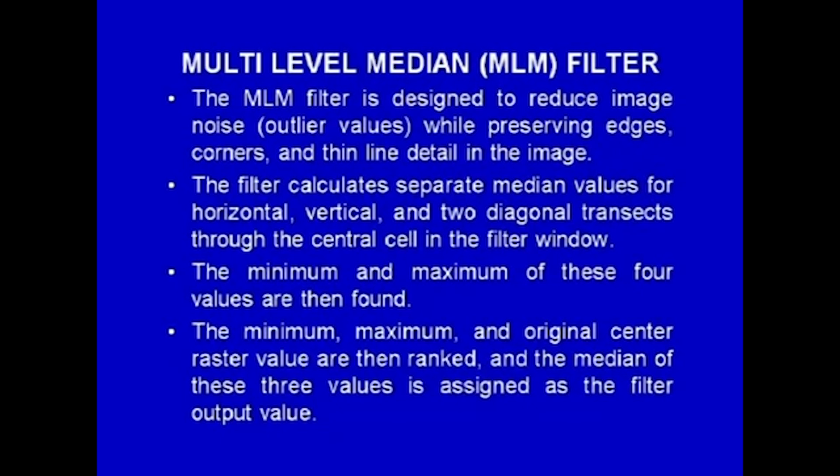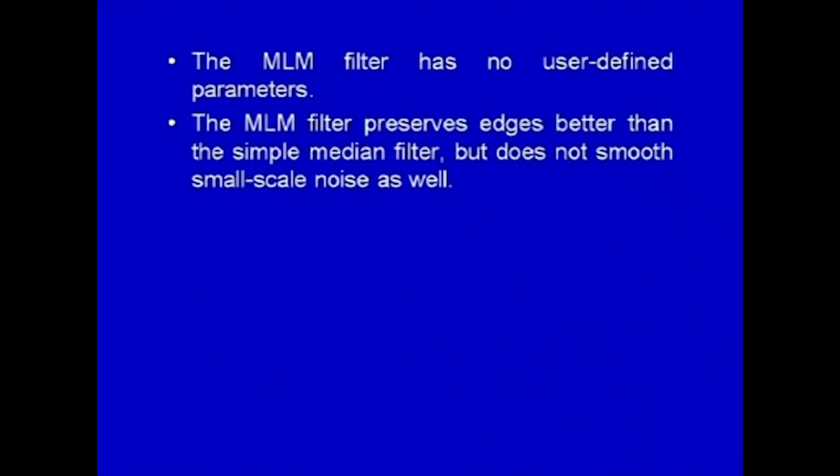The minimum and maximum of these 4 values are then found. The minimum, maximum and the original center raster values are then ranked, and the median of these 3 values is assigned as the filter output value. The MLM filter has no user defined parameters. The MLM filter preserves edges better than the simple median filter, but does not smoothen small scale noise.